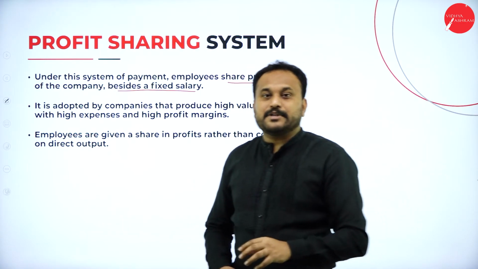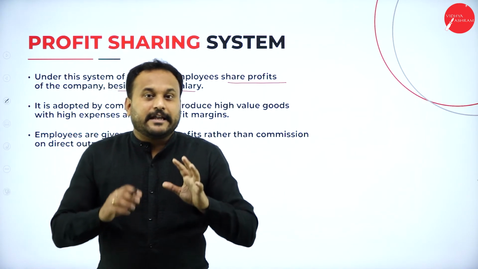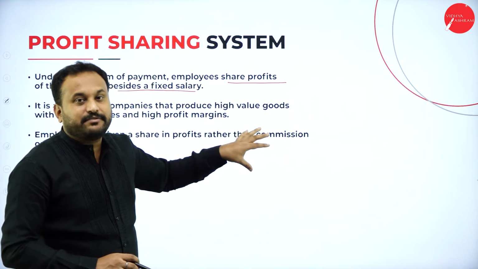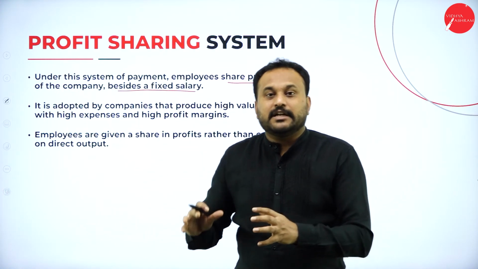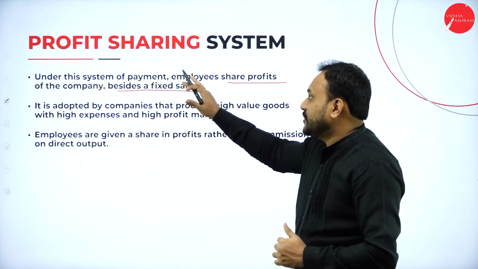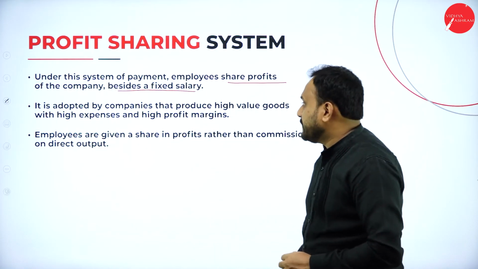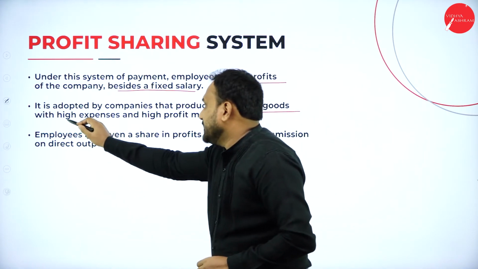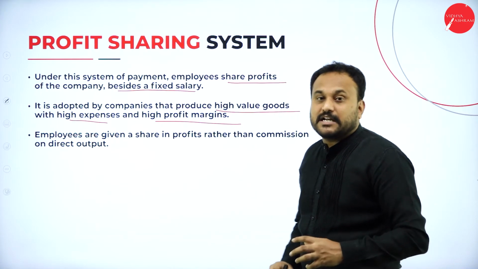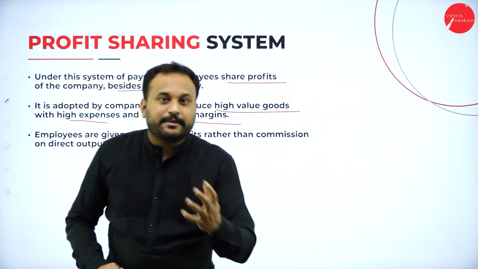But here what happens is, the employees will be recognized properly and all the employees will not get this benefit. It is only the top management and a few of the middle level who will actually get this profit sharing system. Next one is, it is adopted by companies that produce high value goods with high expenses and high profit margins. Only then, see, the board of directors are there. They are also the employees, isn't it?